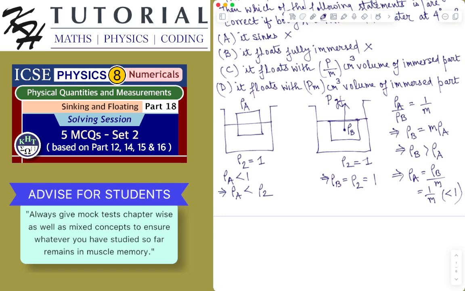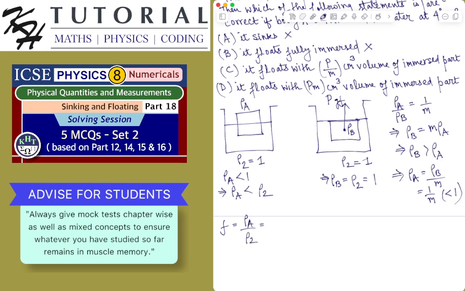We know that when the density of a body is less than the density of a liquid, the body floats in the liquid partially immersed, and the fraction of the body which is immersed, let the fraction be F, will be the density of the body divided by the density of the liquid. So for the body A, it will be rho A by rho 2.